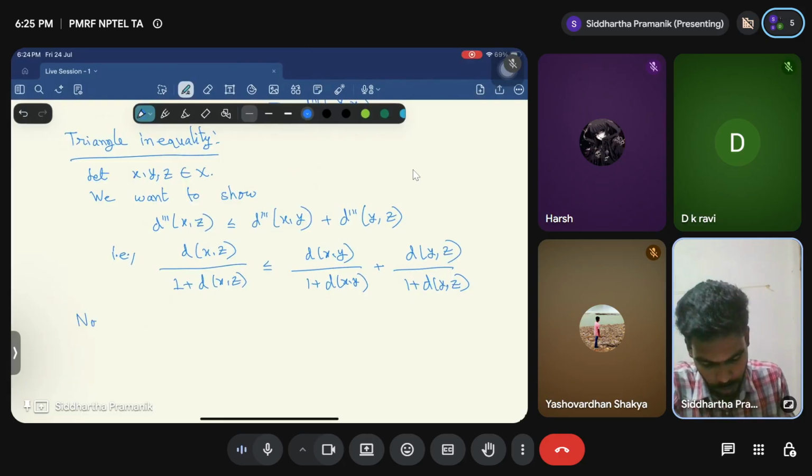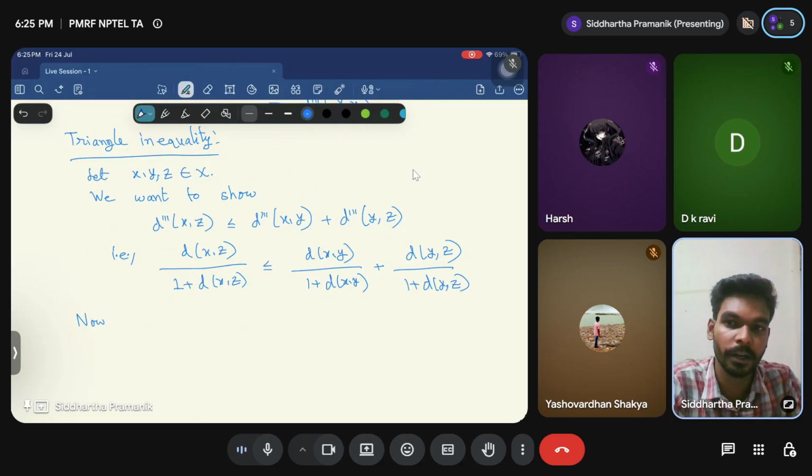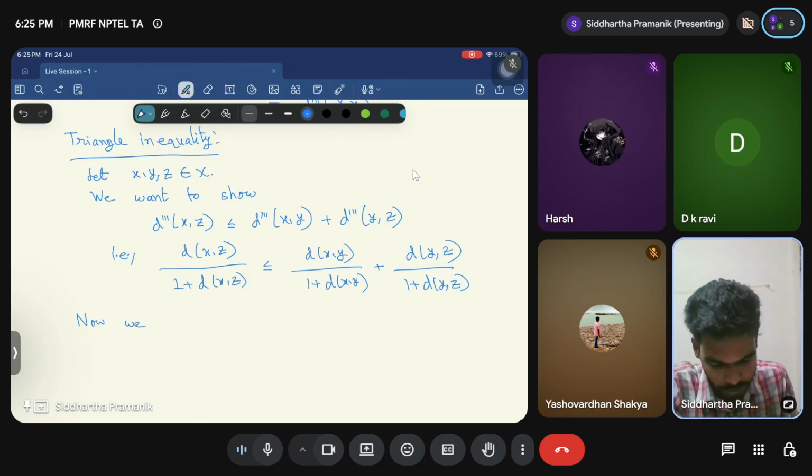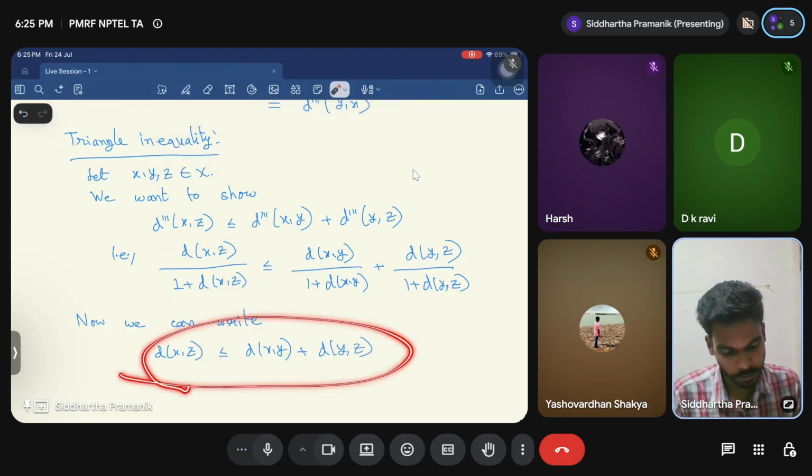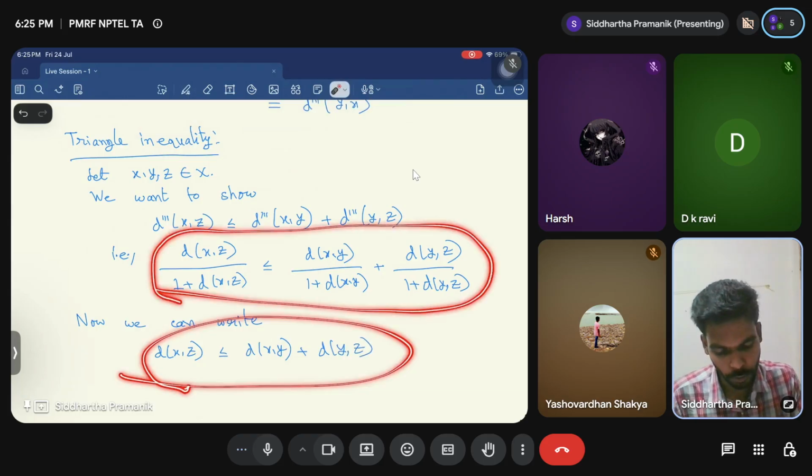So now, since d is a metric, we can use the triangle inequality of d. So let's use that thing. So then d of x, z is less than or equal to d of x, y plus d of y, z. So this thing is given, and this is what we want to prove.